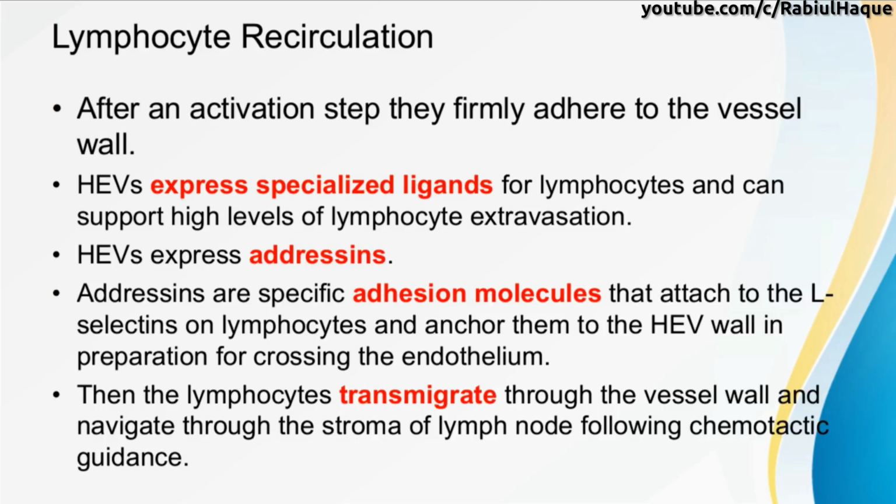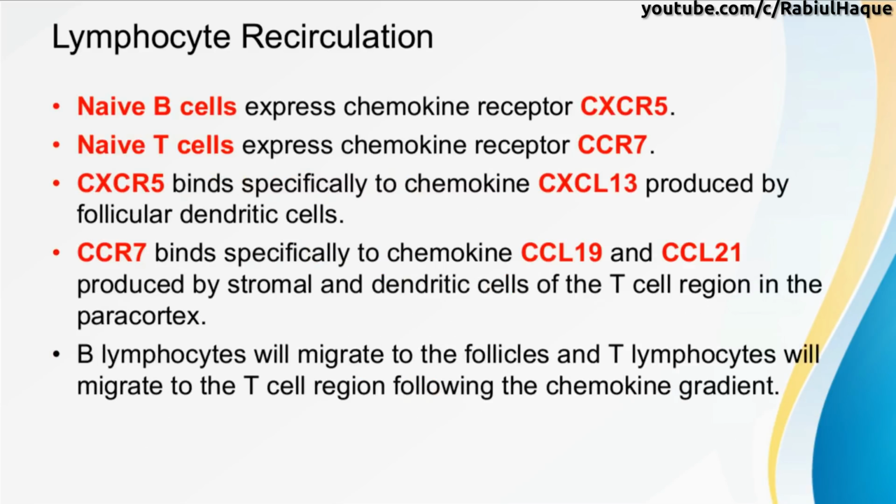Then the lymphocytes will transmigrate through the vessel wall and navigate through the stroma of the lymph node following chemotactic guidance. Now, naive B lymphocytes express chemokine receptor CXCR5, and naive T cells express chemokine receptor CCR7.